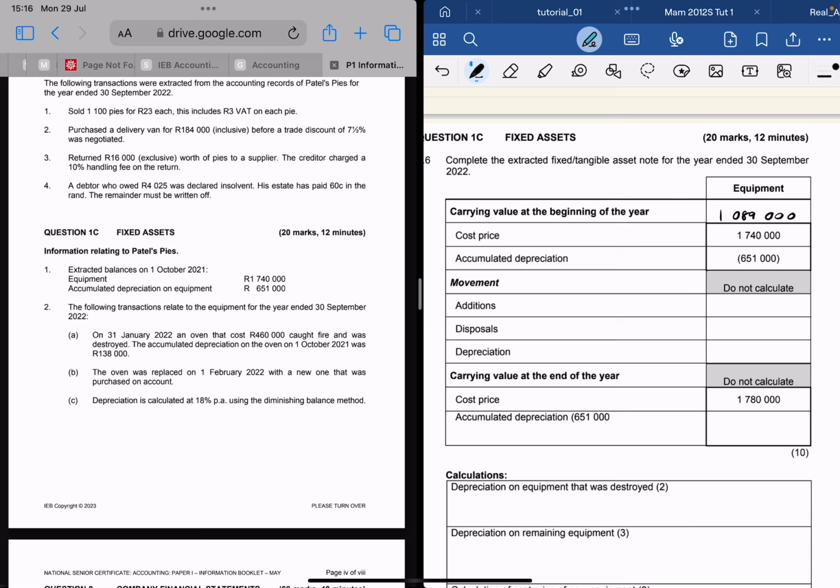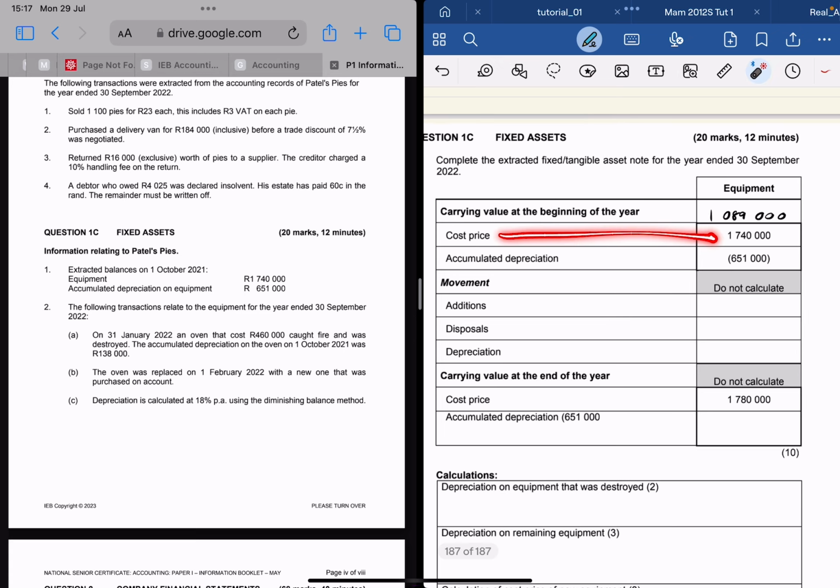So that's the financial year we're working with. And we can see they've kindly already put in the equipment value, which says cost price, and the accumulated depreciation on equipment. Cool.